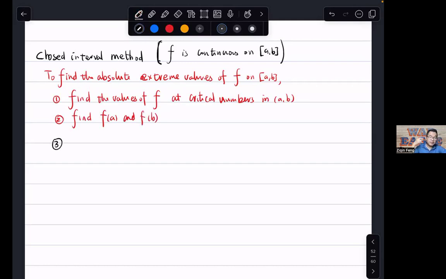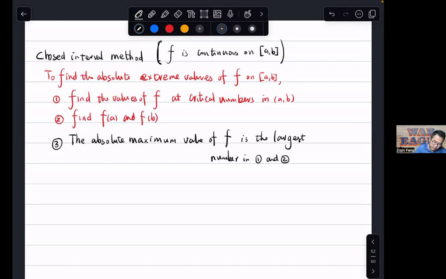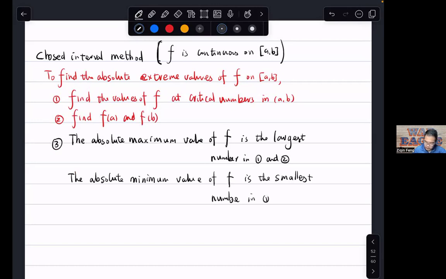The third step is to pick the maximum and minimum of them. The absolute maximum value of f is the largest number in steps 1 and 2, and the absolute minimum value of f is the smallest number in steps 1 and 2.